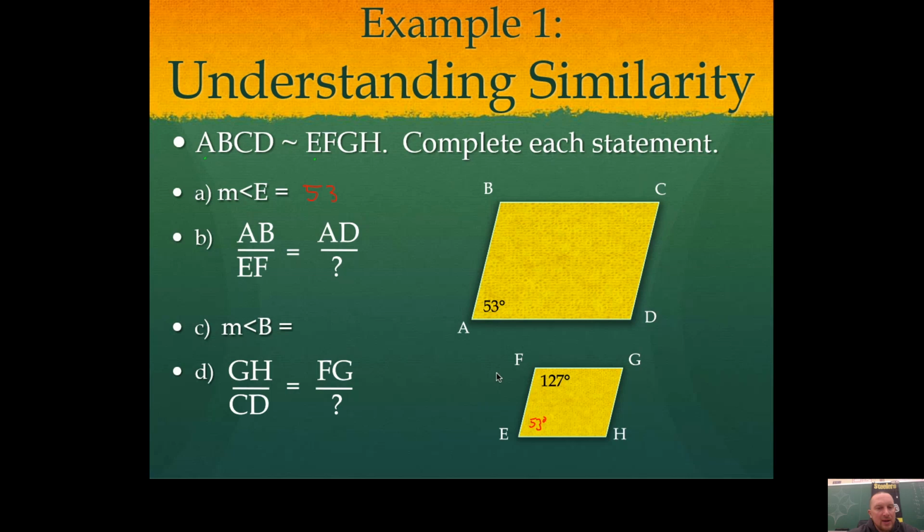Now, whatever that ratio is, it's got to be the same as every other ratio of corresponding sides. So for example, what does segment AD correspond with? Don't just look at the picture and say this is the bottom, so it goes with the bottom. That doesn't always work. We could turn these. Use your diagram, or use your statement. Segment AD corresponds with segment EH.